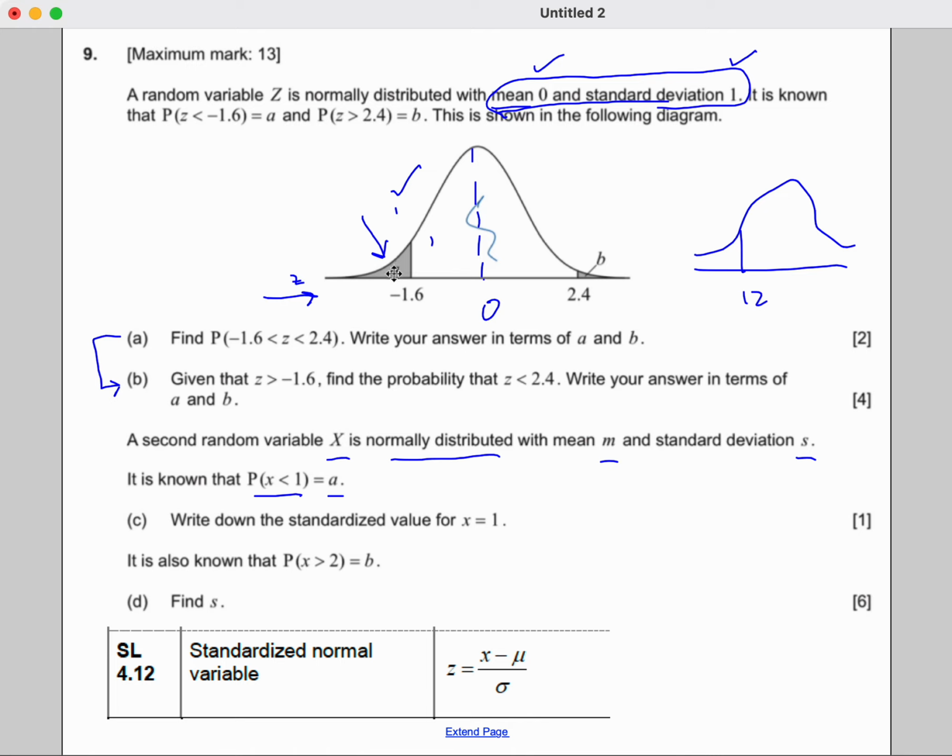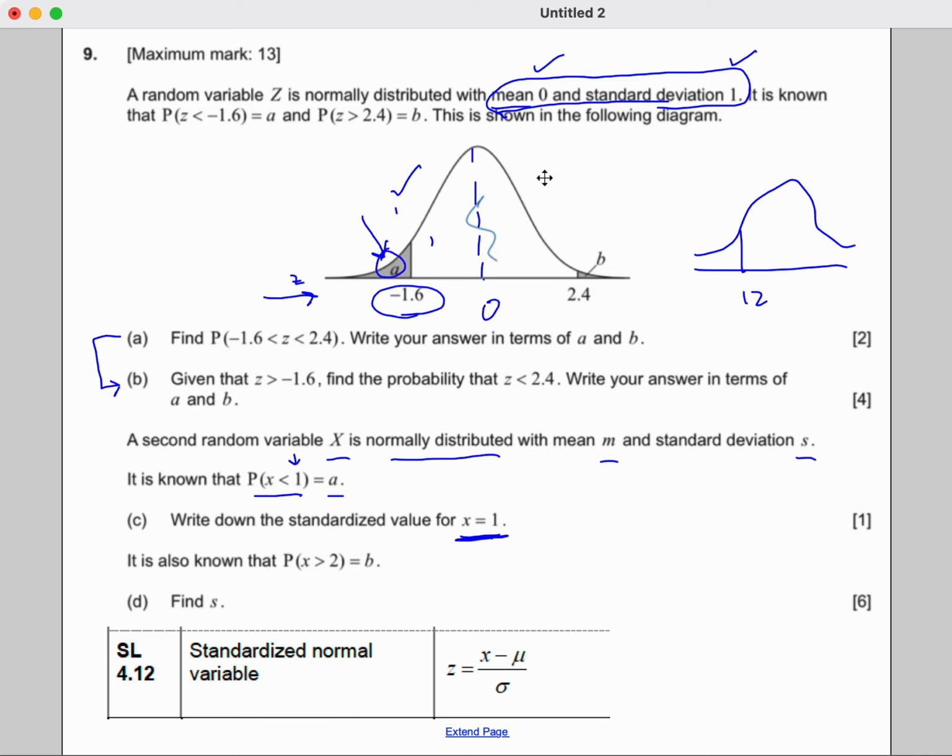So if that's true, then the standardized value for x equals 1 has to be negative 1.6, because negative 1.6 is where the probability is a. This probability is equal to a.